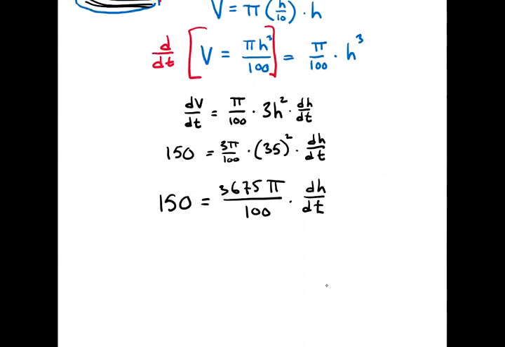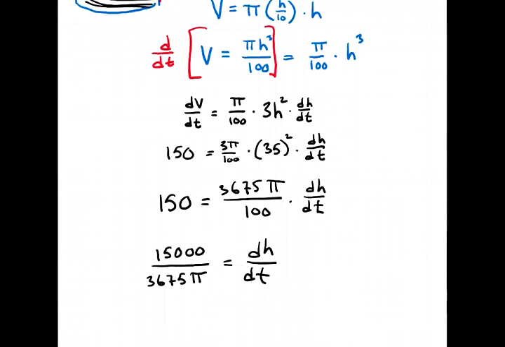And now let's multiply both sides by the reciprocal. So 150 times 100 is 15,000, and that's going to be divided by 3,675 pi. Okay, and that is dh/dt.